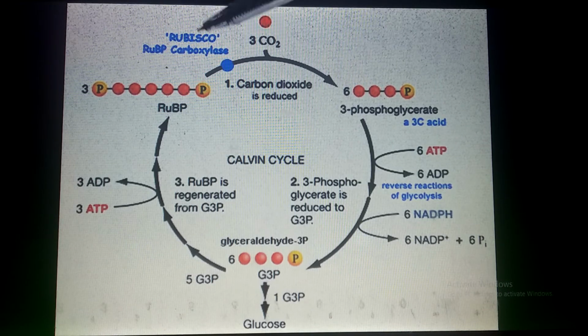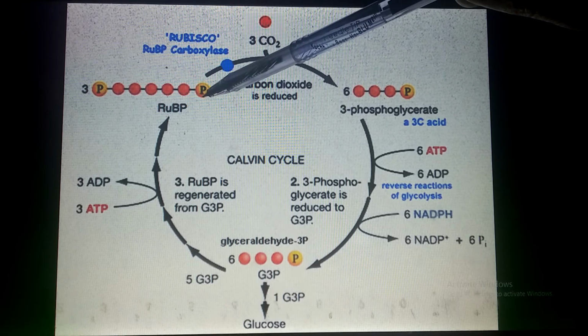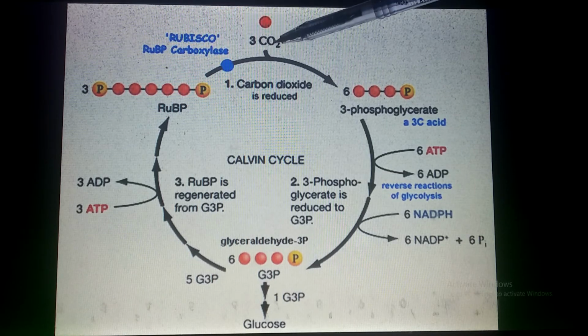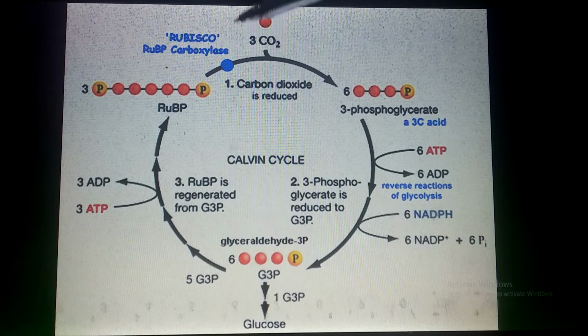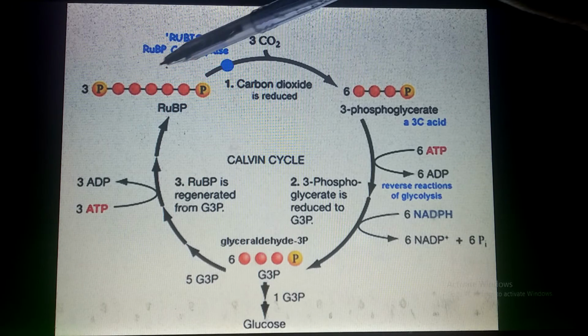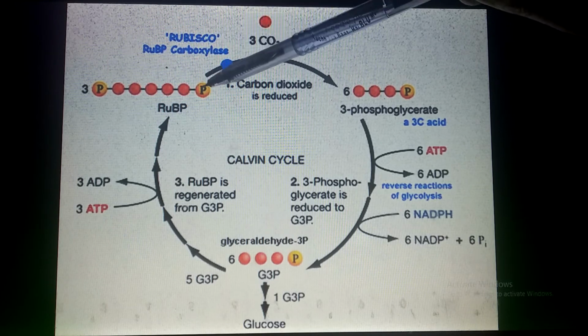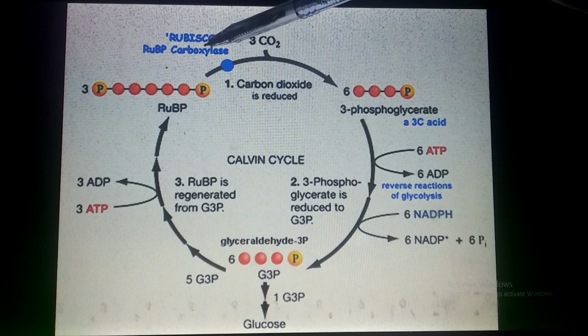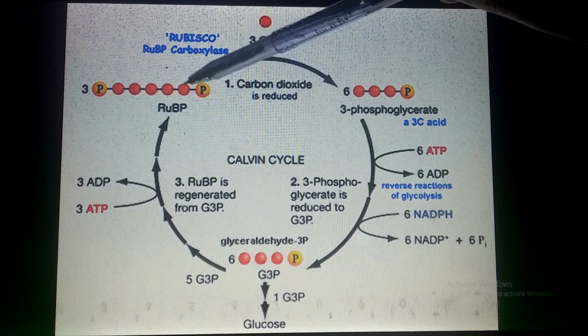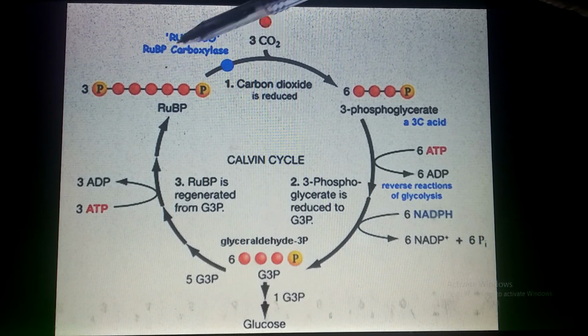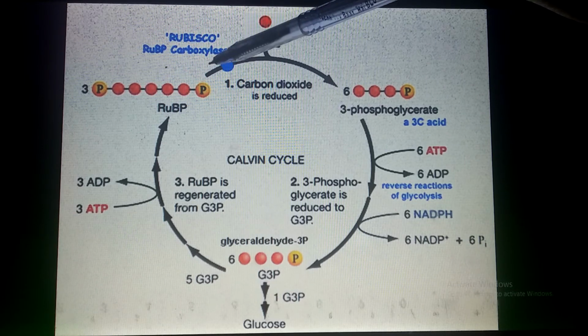In the presence of the most important enzyme Rubisco, RuBP carboxylase, because here the substrate is RuBP, the enzyme name is related to this, RuBP carboxylase, because it converts carbon dioxide, that's why it is known as carboxylase.